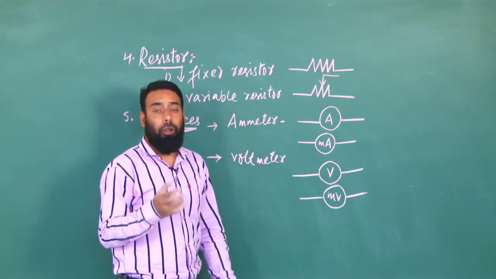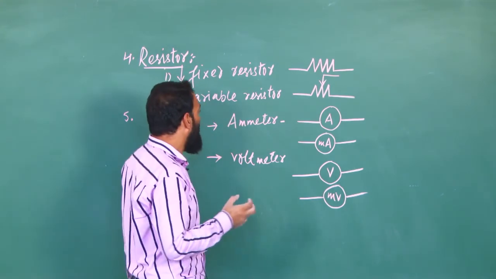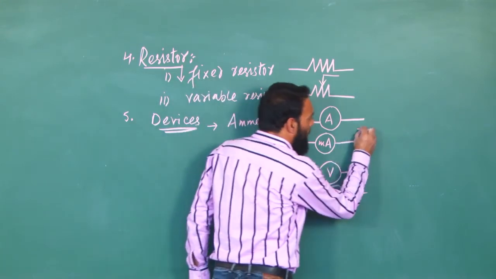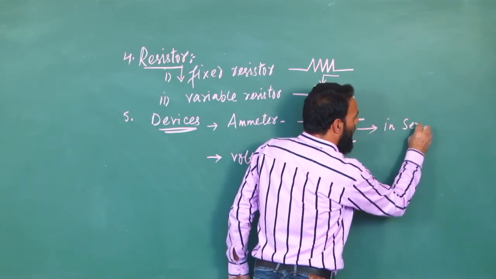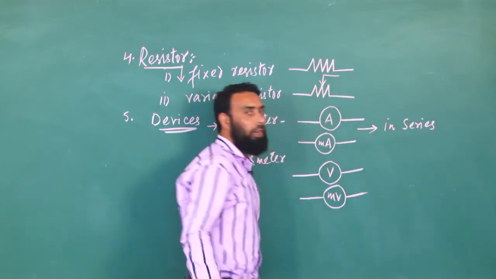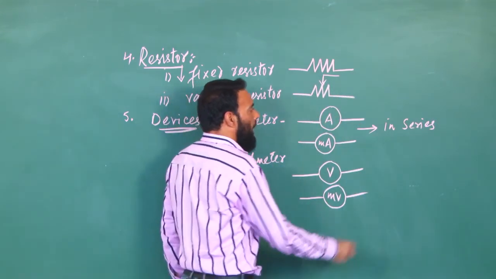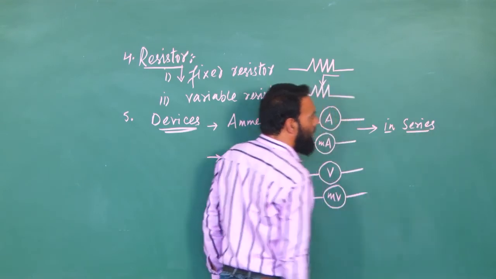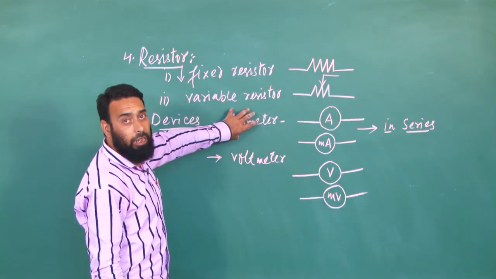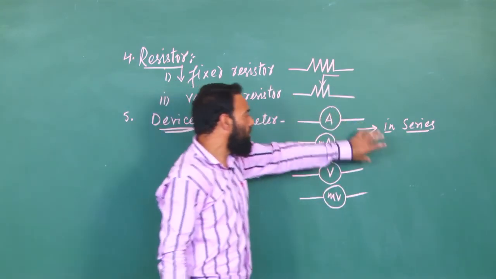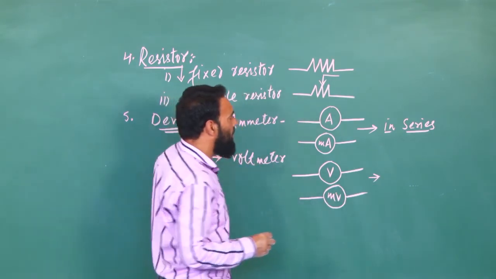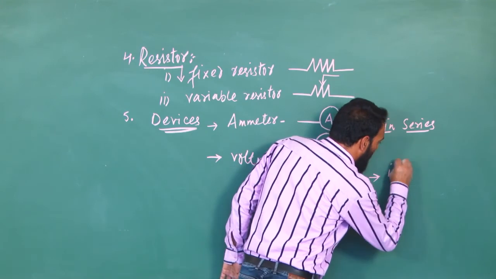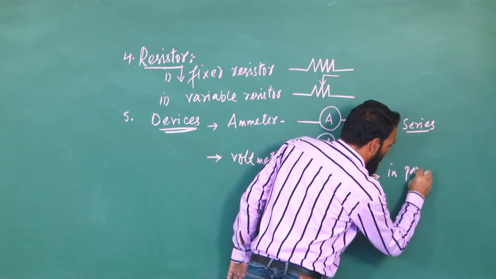One important point to remember is that the ammeter is always connected in series in the circuit. We will discuss series connection later on. Simply remember that we connect the ammeter in series, and the voltmeter is always connected in parallel.